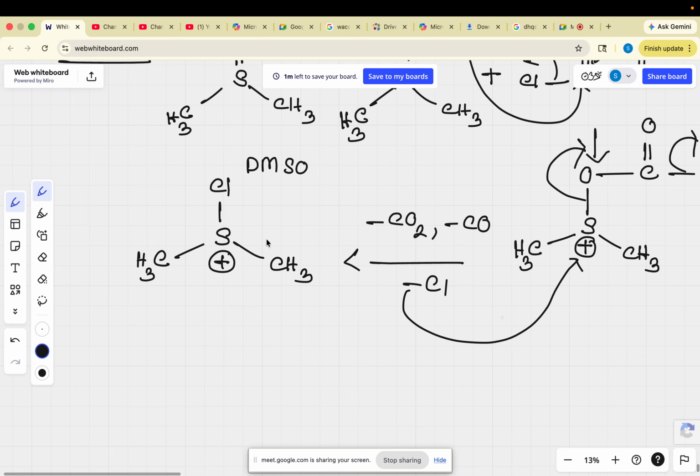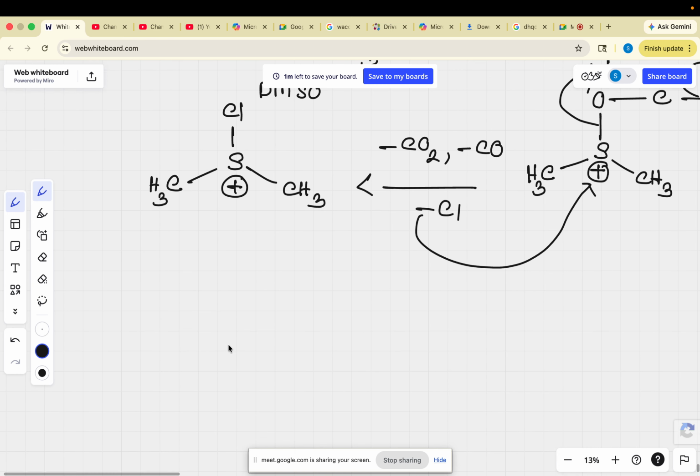Don't think that it will be neutralized, because when it is leaving from here, another positive charge is generating on this sulfur center. So Cl minus is attacking on one positive charge, but one positive charge is left. That's why the positive charge is still present on your sulfur center.